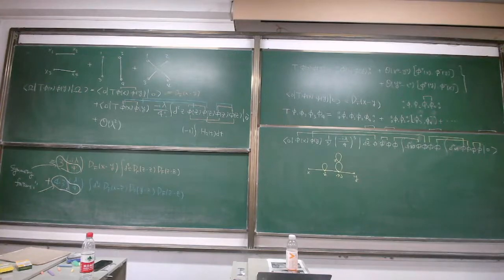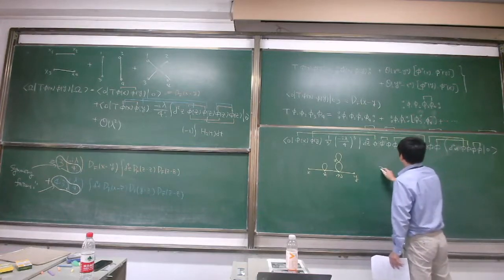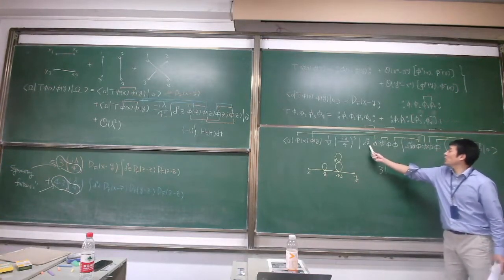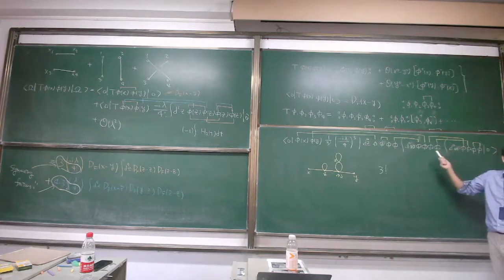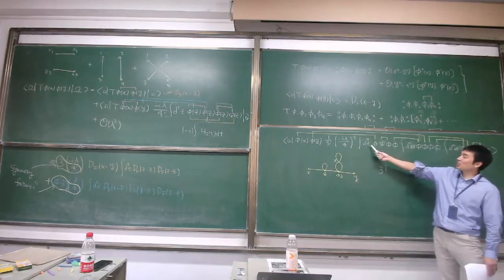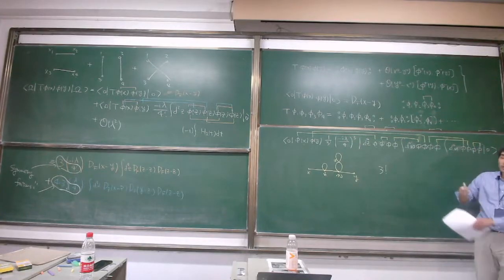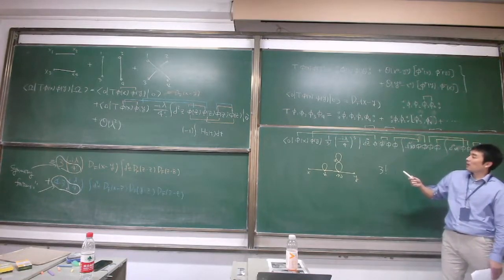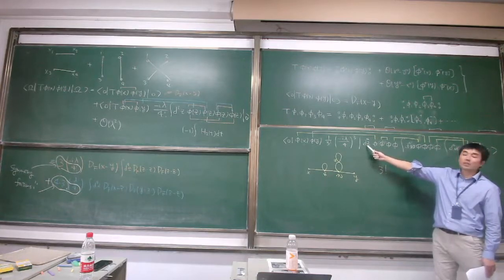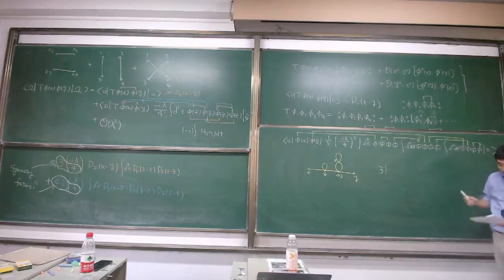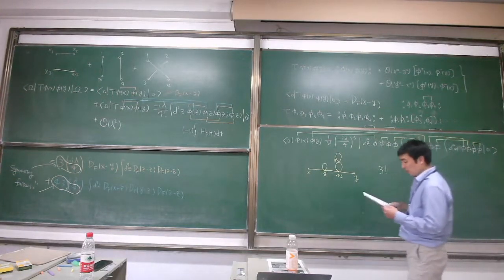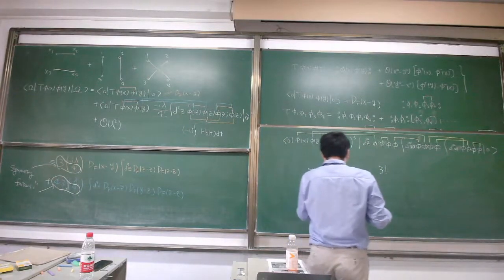So first of all, there are 3 factorial ways to interchange z, w, u. So z, w, u are dummy variables. So you can exchange variables z, w, u freely. I mean, you can call z a u, and then u a z. So then you can do a different way of contraction. So that will give you the 3 factorial.